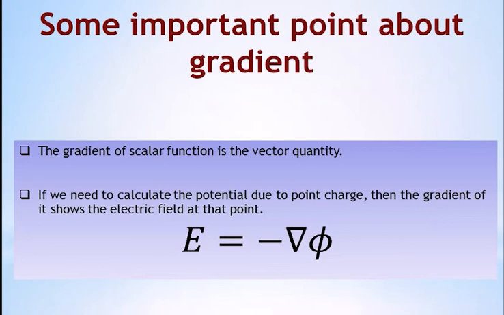To calculate the electric field, we write E is equal to minus del phi. If we take the gradient of the potential, we can easily calculate the electric field at that point.